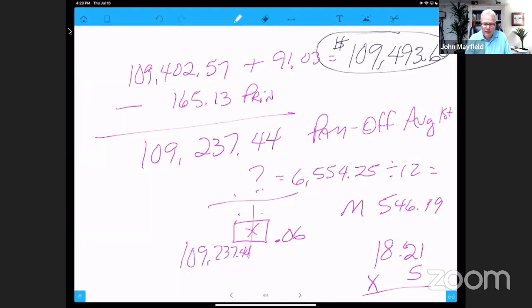Now, let's just back up and go through this. Always take your loan amount, multiply it times the interest rate on the loan. That's going to give you your annual interest. Divide that by 12. That gives you monthly interest.